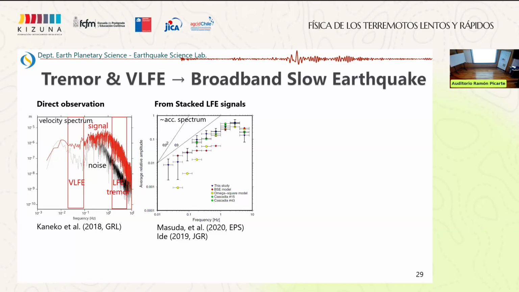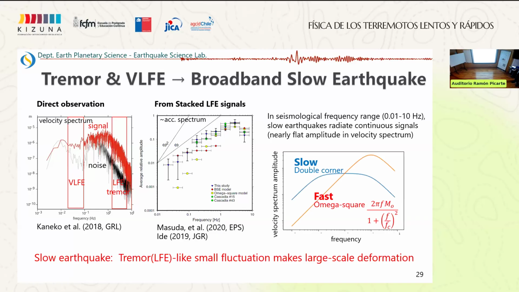We confirm that the signal amplitude is continuously changing between two levels. So we are quite sure that signal actually exists between the two frequency bands, but we cannot observe it in real nature. Maybe I can skip.